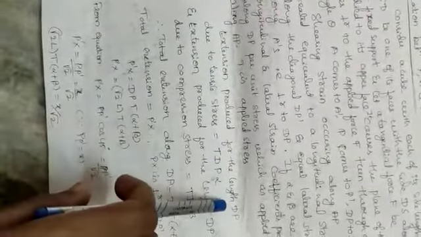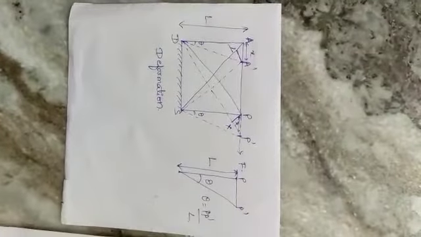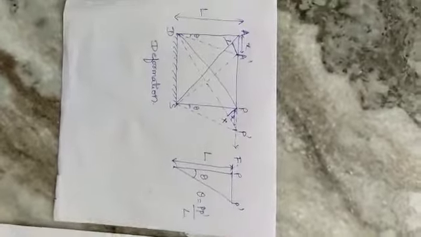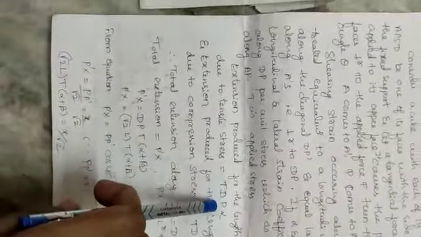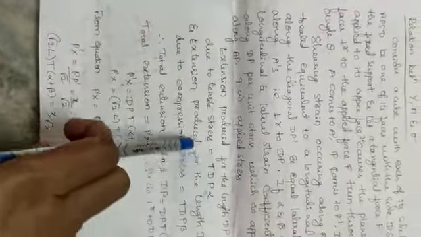The extension produced for the length DP in the diagram, due to the tensile stress, is represented as T DP alpha. The extension produced for the length DP due to the compression stress is represented as T DP beta.